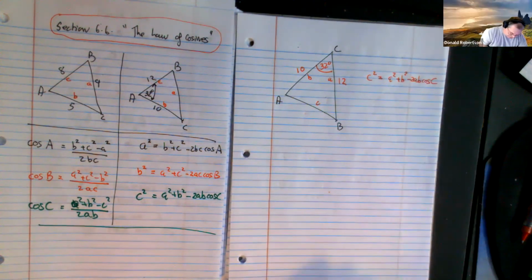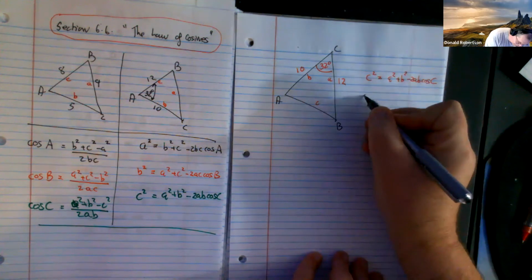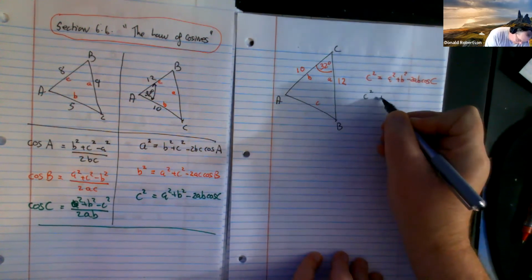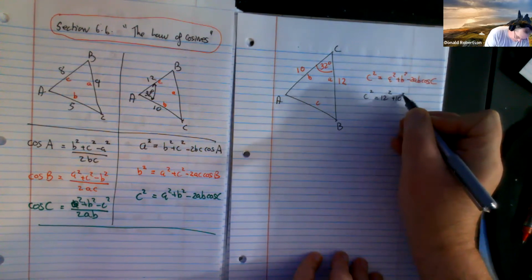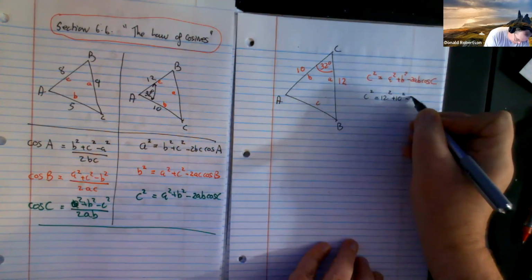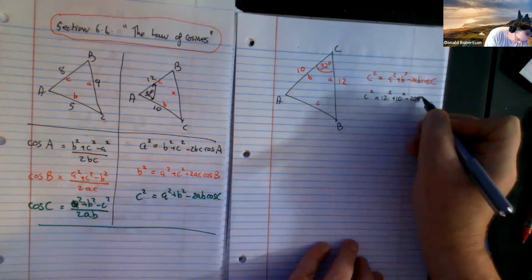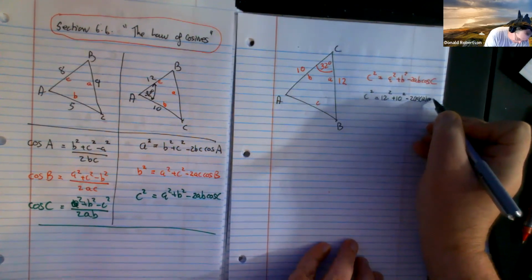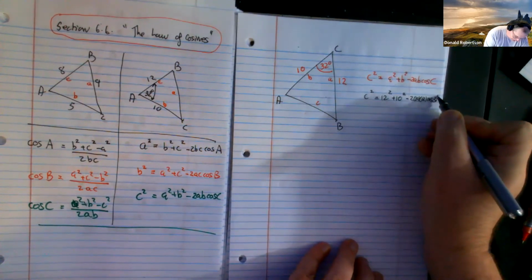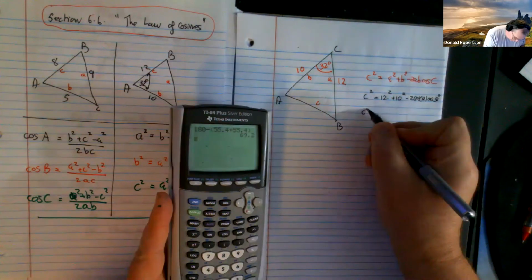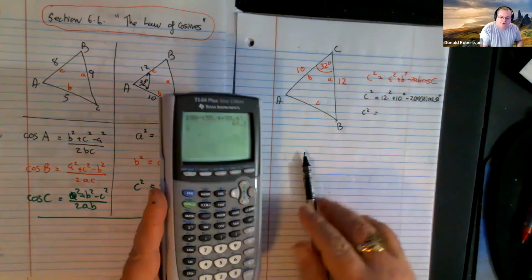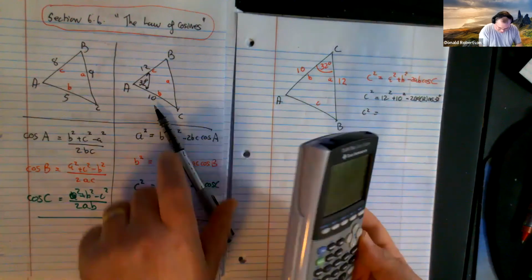Now let's take that to the next stage. Let's show you how this formula works then. It's 12 squared plus 10 squared, take away 2 times 10 times 12 times the cosine of 32 degrees. Now the good news is that although that's really ugly, you can do it in one go on your calculator.